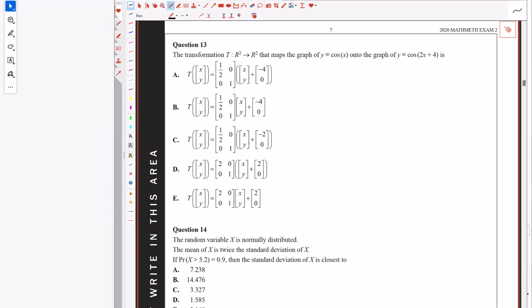So in this question, what the information in this matrix format is telling us is that the transformed point xy, the coordinates of the transformed point, are equal to, let me expand that in my head, half times x minus 4, and y.